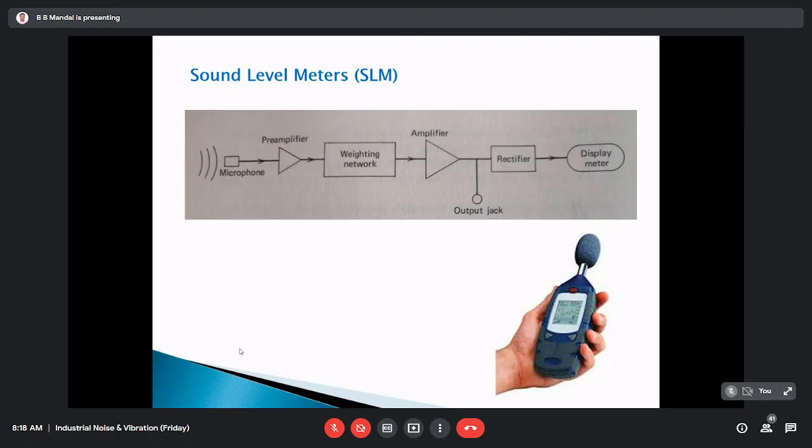This is the microphone that is receiving the signal. That means the sound pressure is sensed by the microphone.